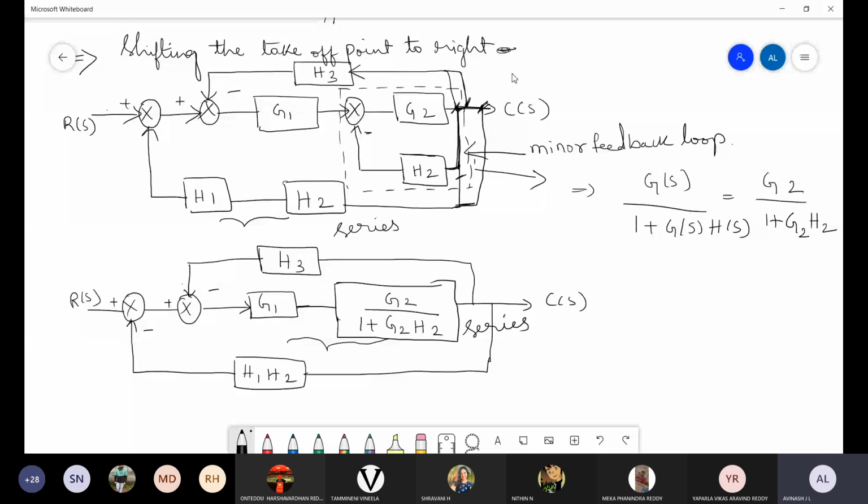Once these two blocks are in series, we can reduce them. And later, you can see that these two summing points can be clubbed together, or else I can go with the next step.